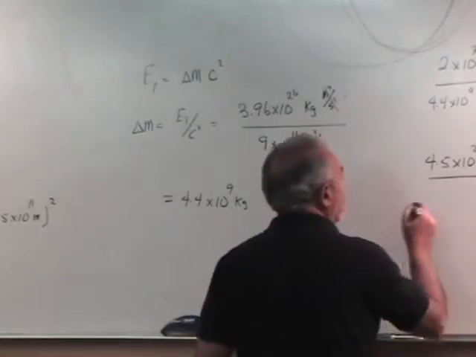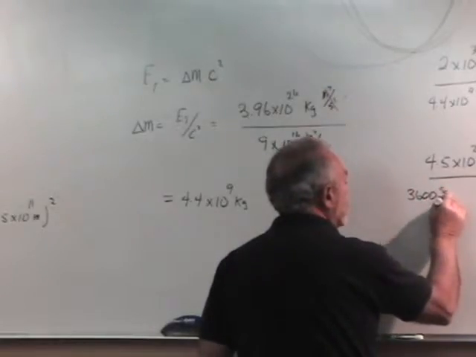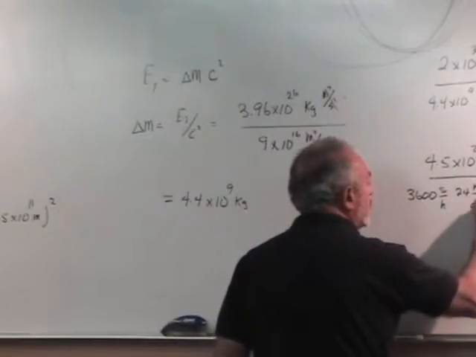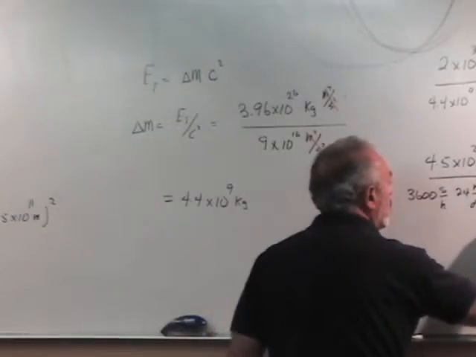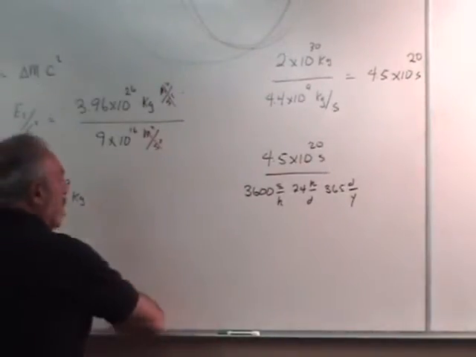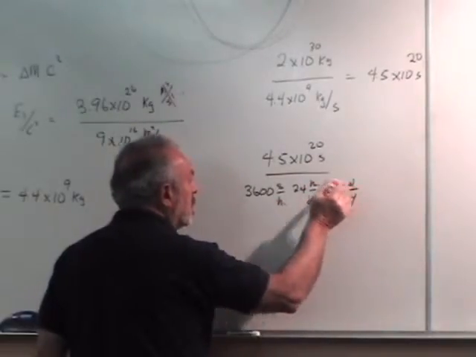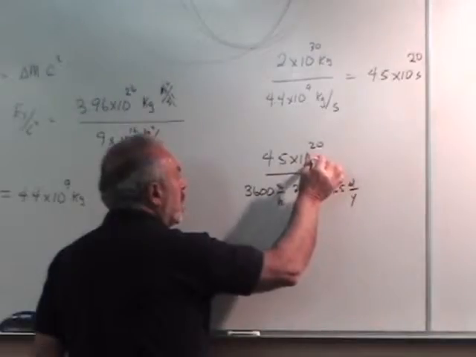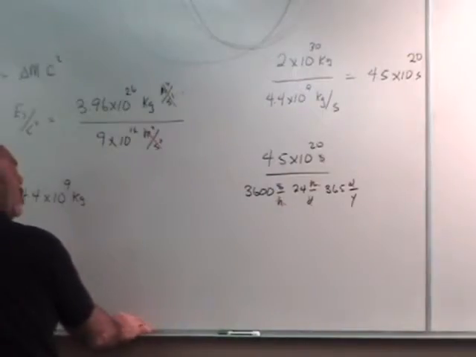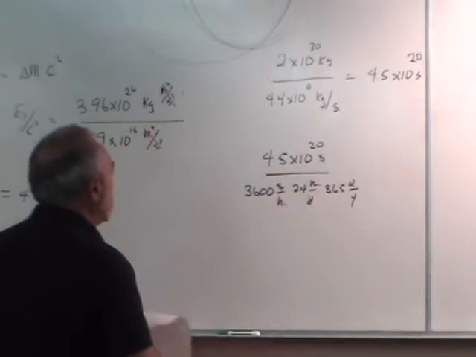So I get 3,600 seconds per hour, 24 hours per day, 365 days per year, and of course, I end up with hours are gone, days are gone, and we end up with 1 over years. So this is the number of years that the thing would last. Check me out. I get 14 times 10 to the 12.